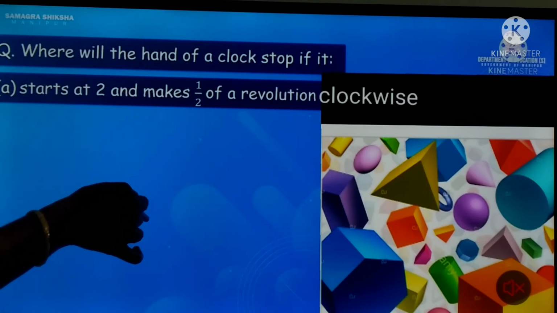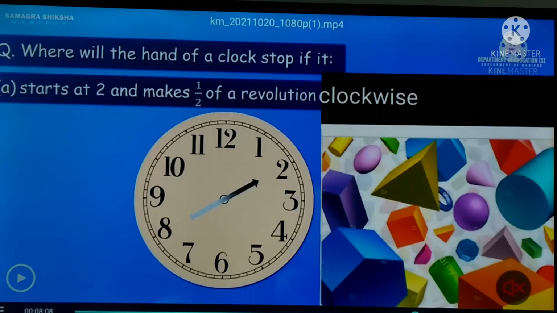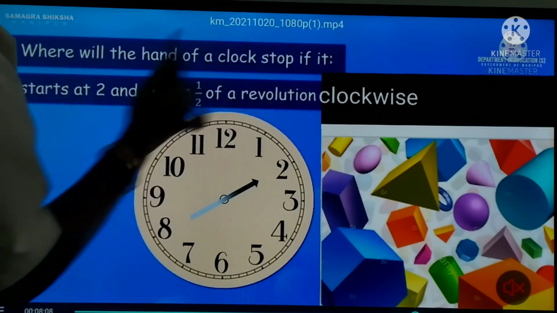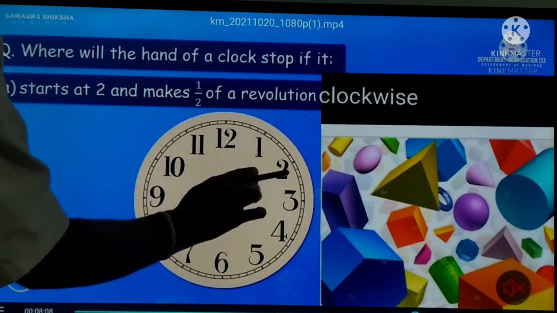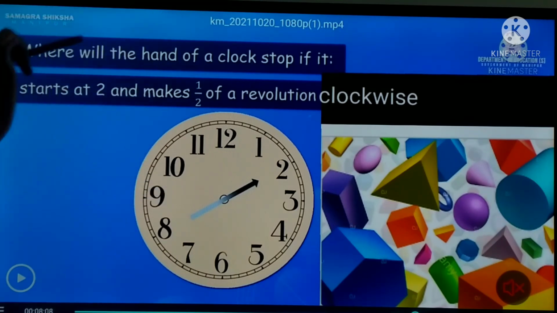So the next one: where will the hand of a clock stop if it starts at 2 and makes 1/2 of a revolution clockwise? Listen, it starts at 2 and makes half of a revolution. That is how many divisions? Very good, 6 divisions.